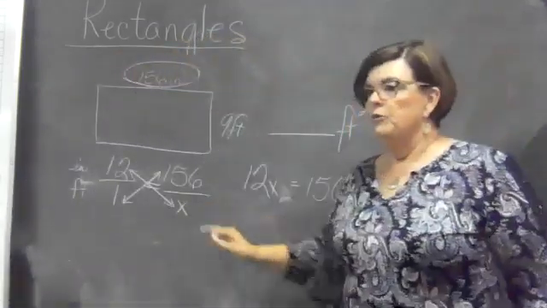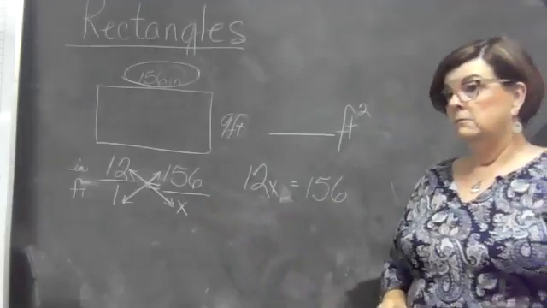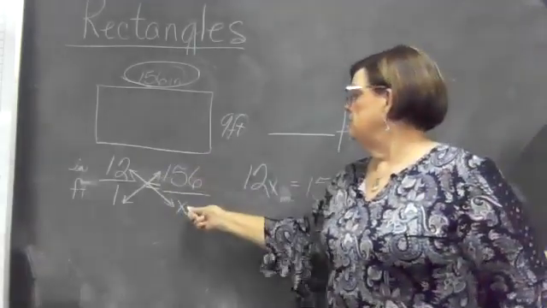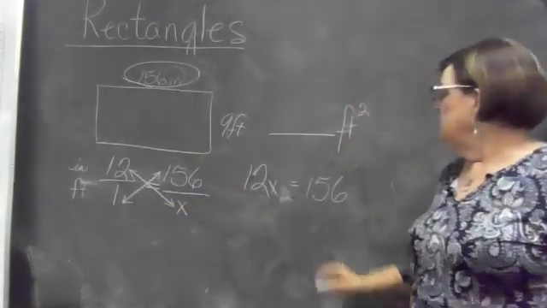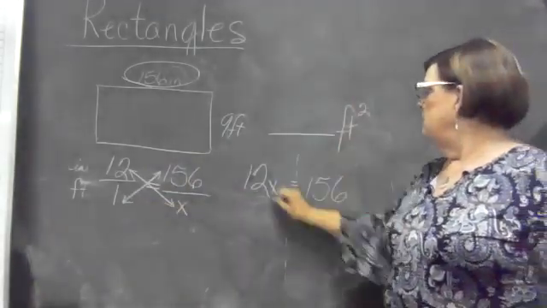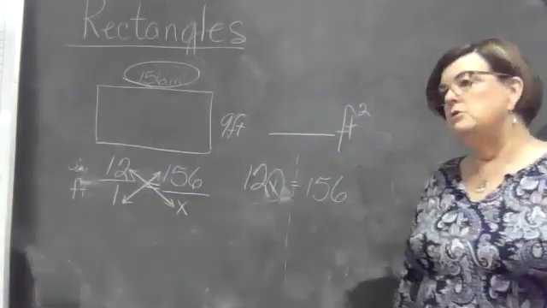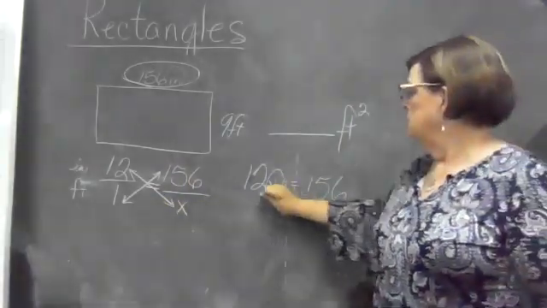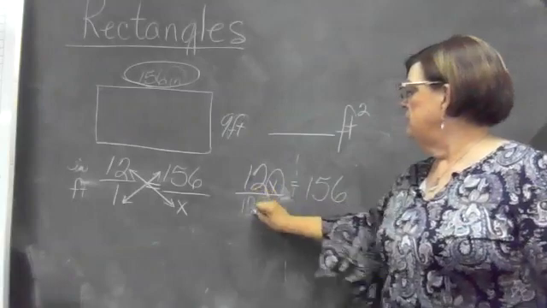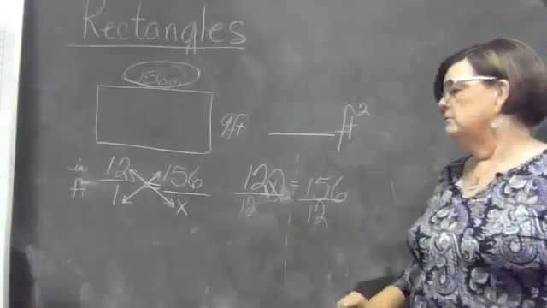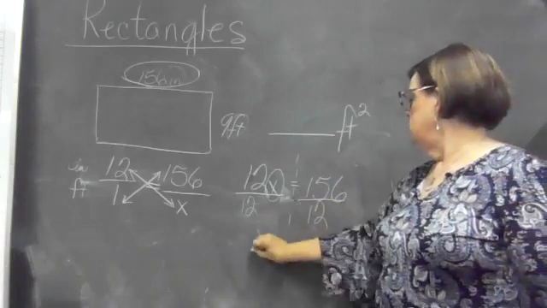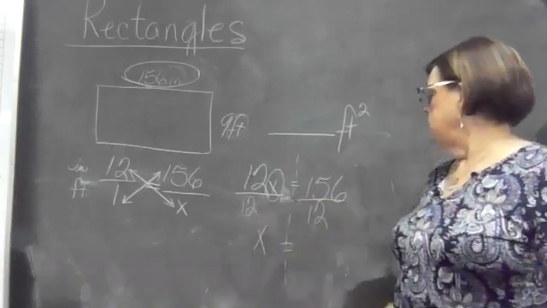This is how you work a proportion. This will always equal this multiplied. Now we simply have an equation that we need to solve for x. So I know I'm going to divide by 12, divide by 12. So x is going to be, is it 13?